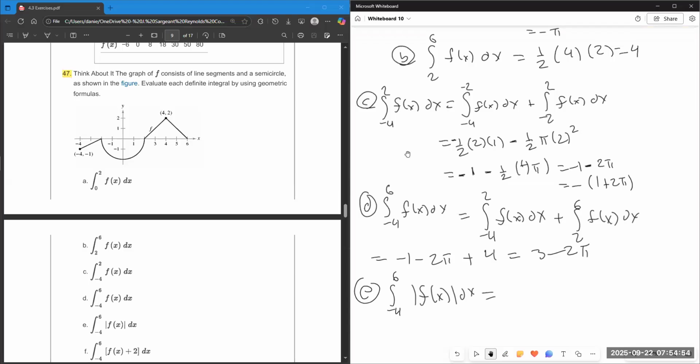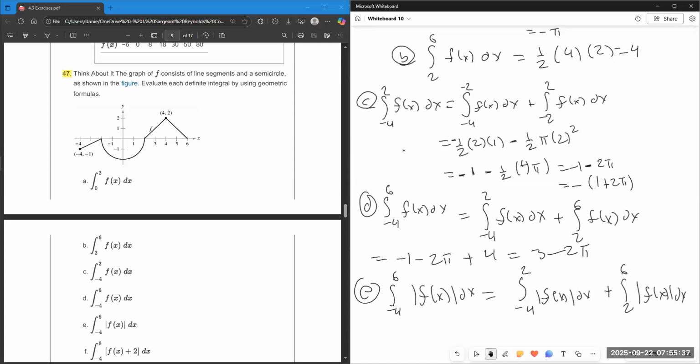So that's going to be equal to -4 to 2 of the absolute value of f of x dx plus 2 to 6 absolute value of f of x dx.